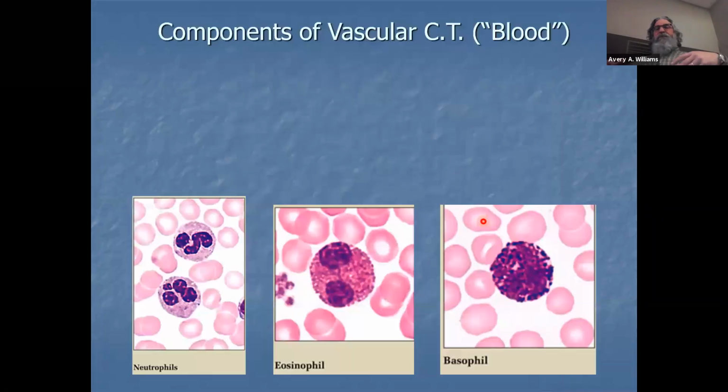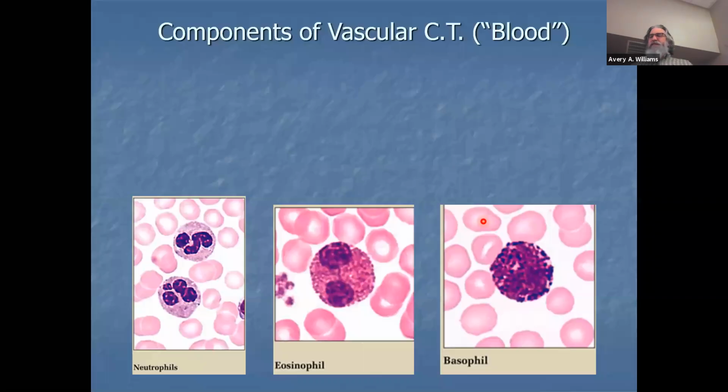Well, remember, it has all the characteristics of a connective tissue. First of all, it's derived from mesenchyme, and it has cells, and it has proteins, and it has a matrix, like all the connective tissues, all the bone, all the cartilages, all the connective tissue proper. They all have the same basic ingredients, okay?